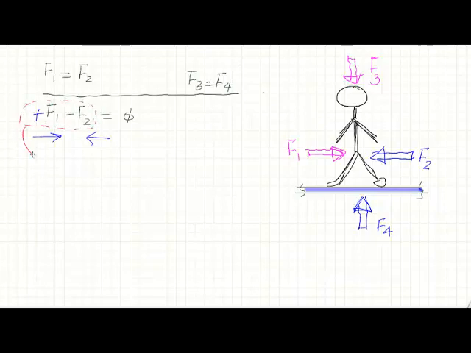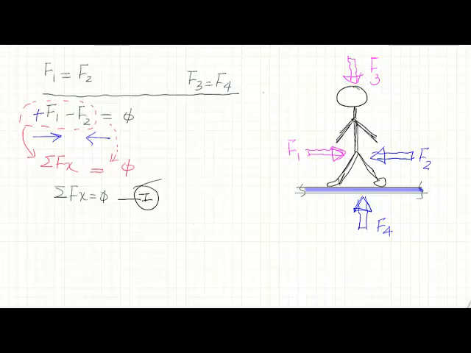We're doing the sum of forces in the x direction, and of course this is equal to 0. So the conclusion is that the sum of all forces in the x direction is equal to 0. As a matter of fact, this is the first equation of equilibrium.